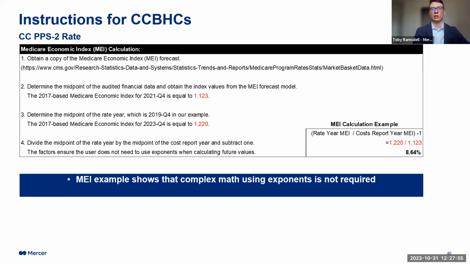So that will be the adjustment to the unadjusted PPS rate, or the cost per visit, to cover the cost of inflation. So this math is not very complicated. Using exponents or any weighting factors or crazy factors like that is not required. But if you have any questions, of course, please feel free to ask them. I know that this can be a little challenging sometimes as well.